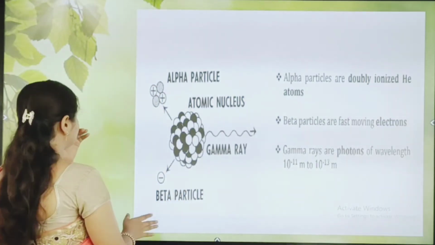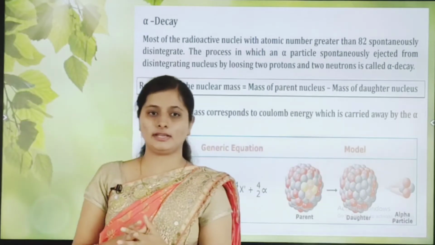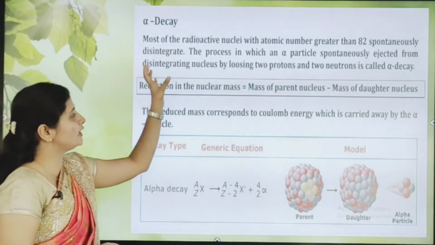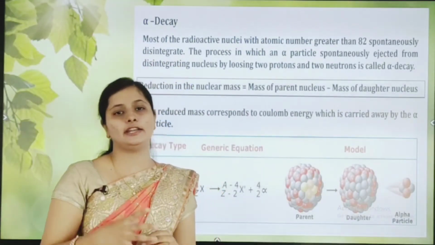So, see here, alpha decay. What is alpha decay? Most of the radioactive nuclei with atomic number greater than 82.